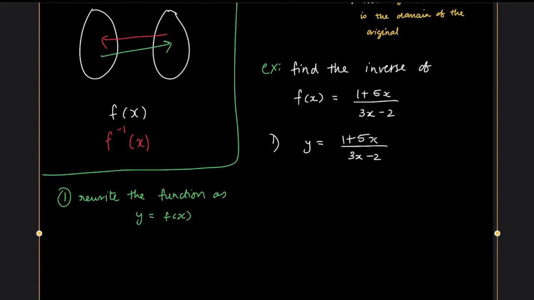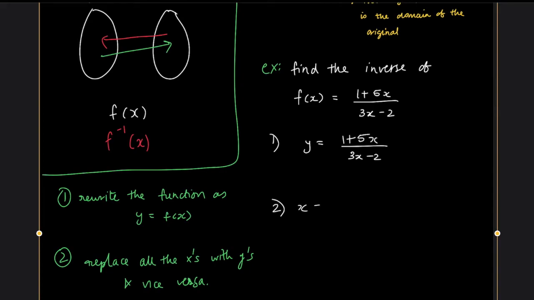Step number 2, replace all the x's with y's and vice versa. This is an important step because this is basically the main step in the inverse. So all the y's become x and all the x's become y's.